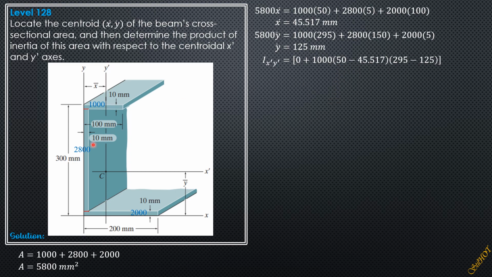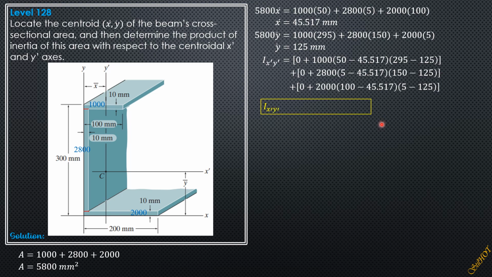Then plus, for this area here with respect to the centroid, 0, then plus 2800, bar x 5 minus 45.517, bar y 150 minus 125. Then plus 0 plus 2000, bar x 100 minus 45.517, bar y 5 minus 125. Computing, Ix prime y prime equals negative 15.15 times 10 to the 6 mm to the fourth.